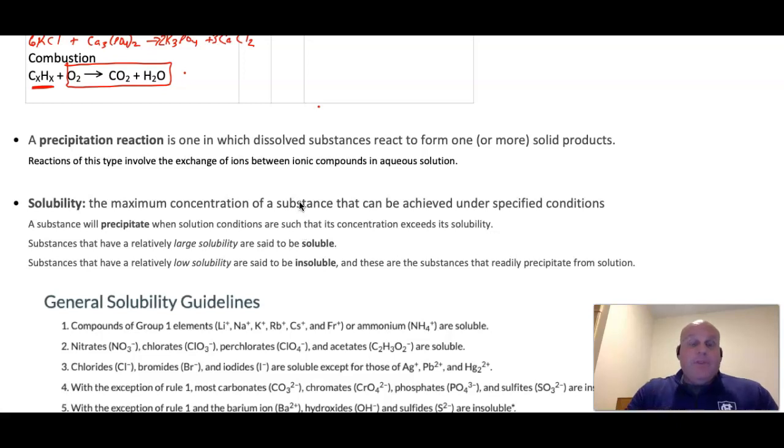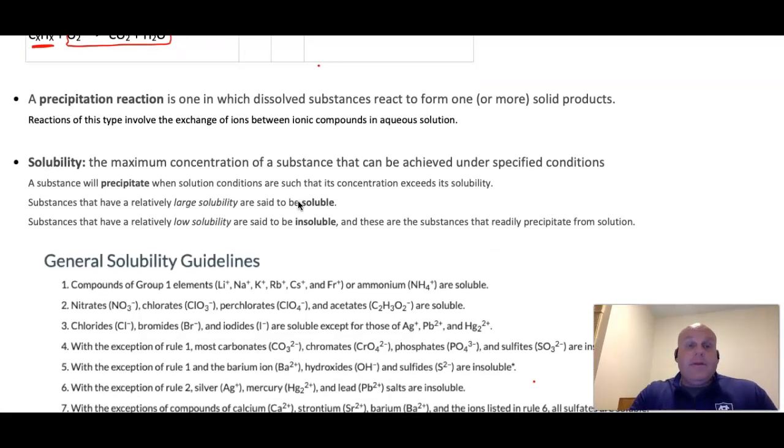So a couple key terms here that you'll hear. Again, this is an exchange of ions and compounds. We have to start thinking about, when I see that notation aqueous after a compound, I should no longer be thinking of this as a compound KCl.